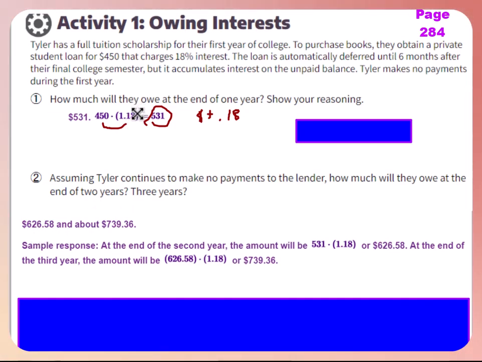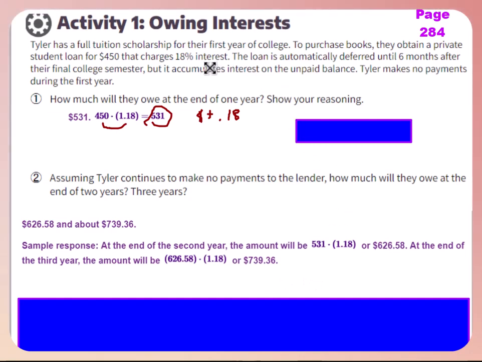And then we're going to raise it to the power of 3. Okay? And then that should be $739.36. All right, so write this down. This is how you do the calculation.